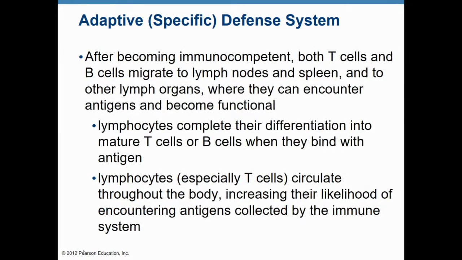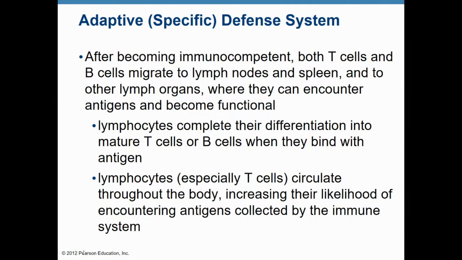Now, after our B and T cells become immunocompetent, so B cells become immunocompetent in bone marrow, T cells become immunocompetent in the thymus, they leave and migrate to the lymph nodes and the spleen and to other lymphoid organs.